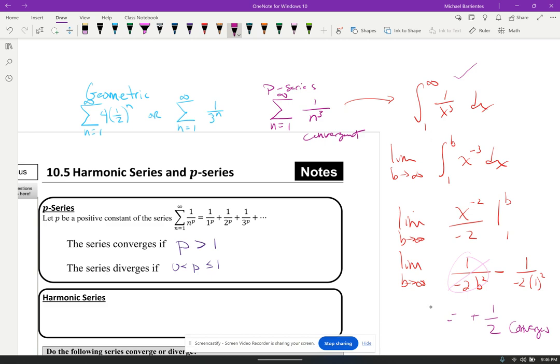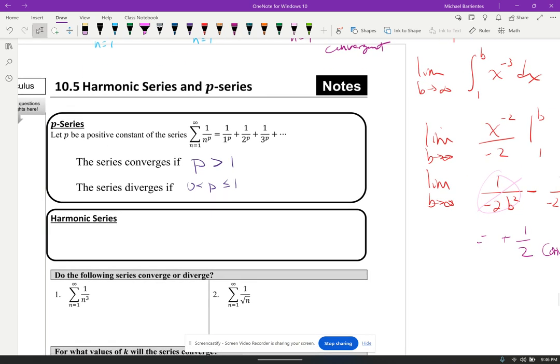Well, what if it's equal to 1? Well, if it's equal to 1, then we get the harmonic series, right? If I go from 1 to infinity, 1 over n to the 1, well, we usually don't put that 1. We just leave it like this. And this is the same thing as 1 plus 1/2 plus 1/3 plus 1/4 plus so on and so forth. And this always diverges.